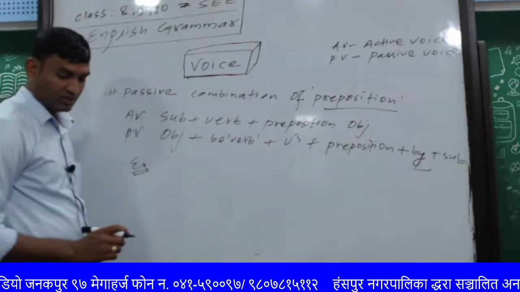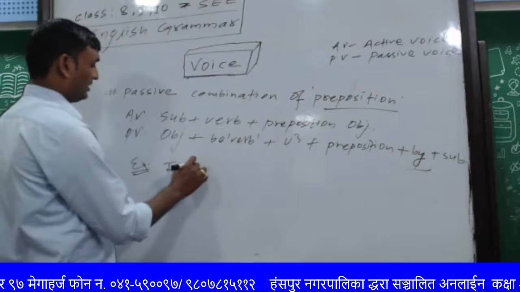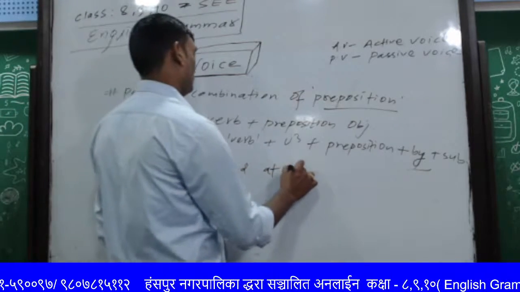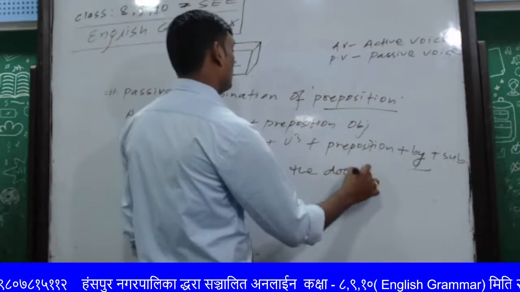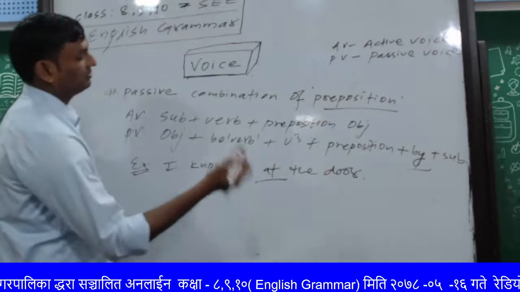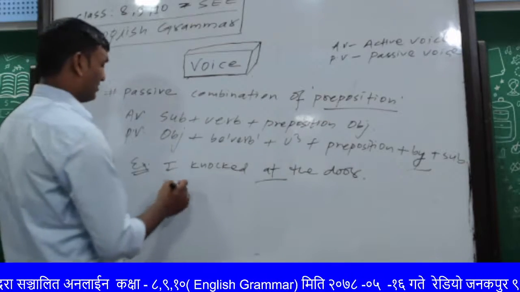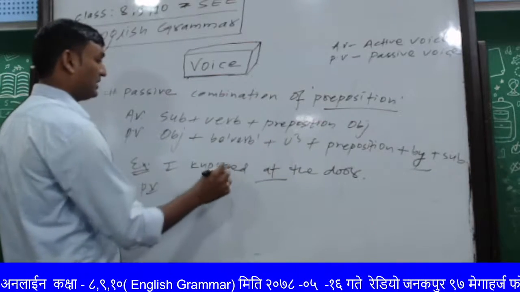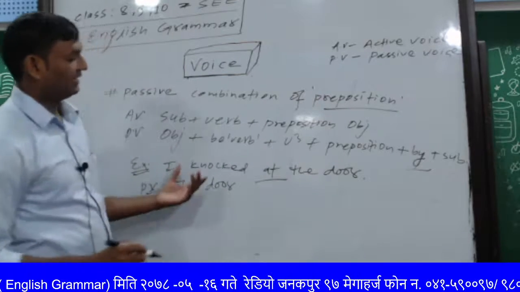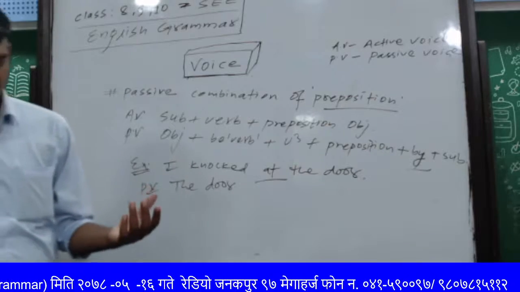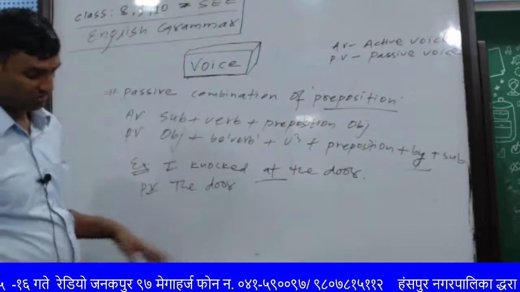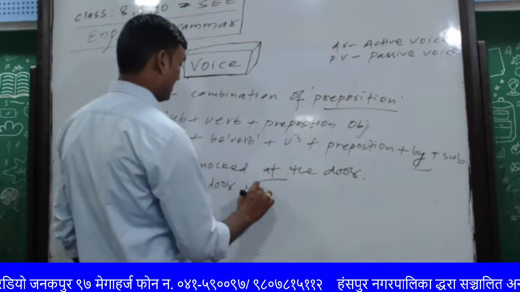Example is here: I knocked at the door. I knocked at the door, and at is here a preposition. So how can you change it into passive voice? PV. Object is here the door. Then I knocked. Knocked means here V2, simple past tense. Then the passive structure goes to was/were, and the door takes was.